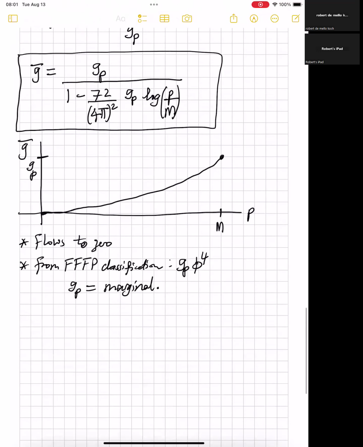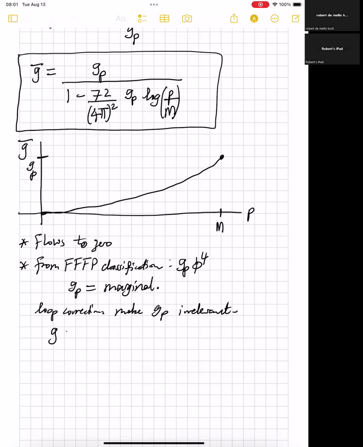And what we've learned is that quantum corrections, so loop corrections, make GP irrelevant, because now we find that it does flow to 0 at low energies. Well, we have a name for this.